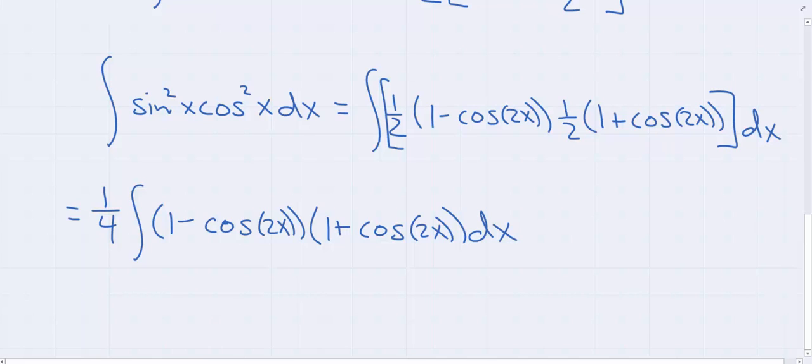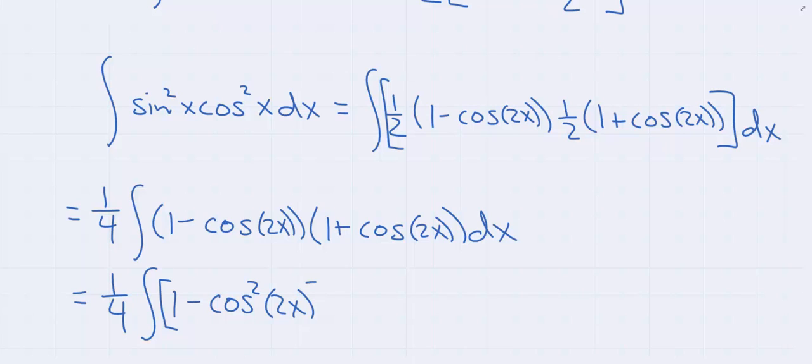And then we just multiply them out. Those are just conjugates, right? 1 minus, 1 plus, difference of squares, so that makes the multiplication pretty easy. We get 1 minus cosine squared 2x. Everybody follow me?